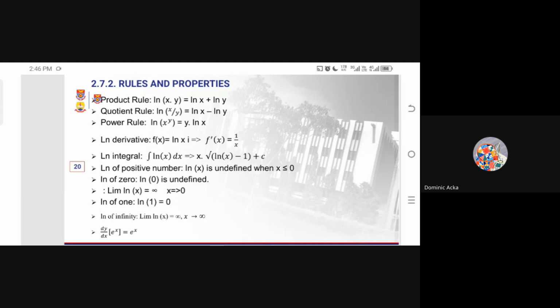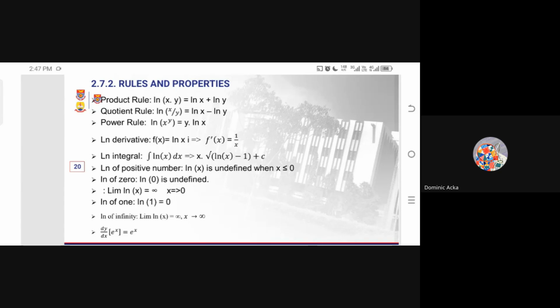And for the derivative, if you have f of x equal to ln x, when you differentiate ln x, it's going to be 1 over x. And the integral of ln x dx is x ln x minus x plus c.